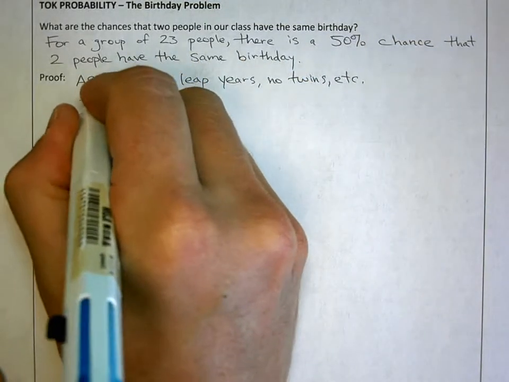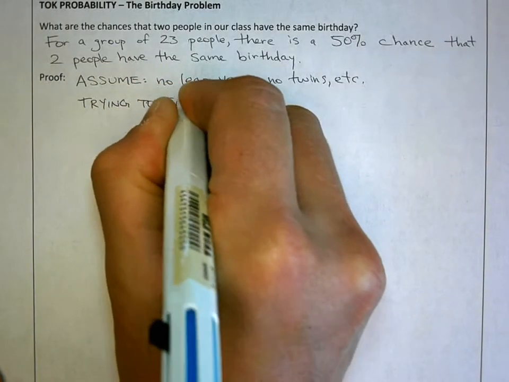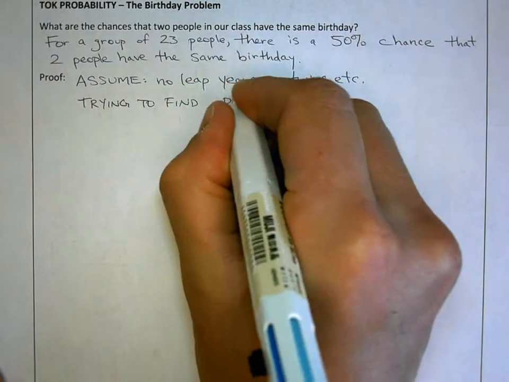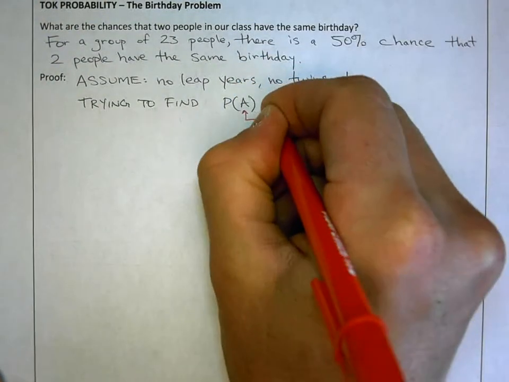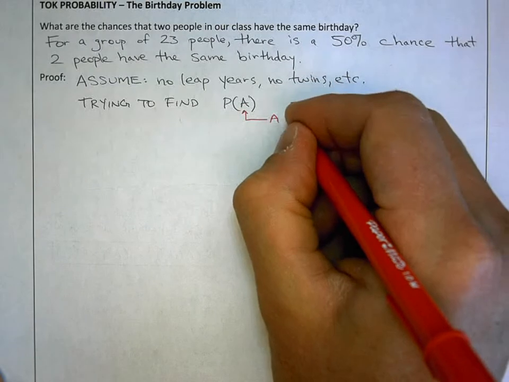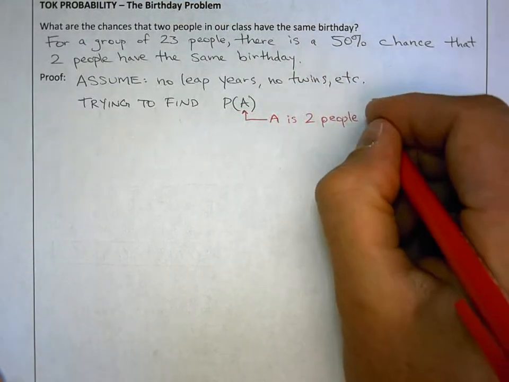What we're trying to find is the probability of A, where A is the event is 2 people with the same birthday.